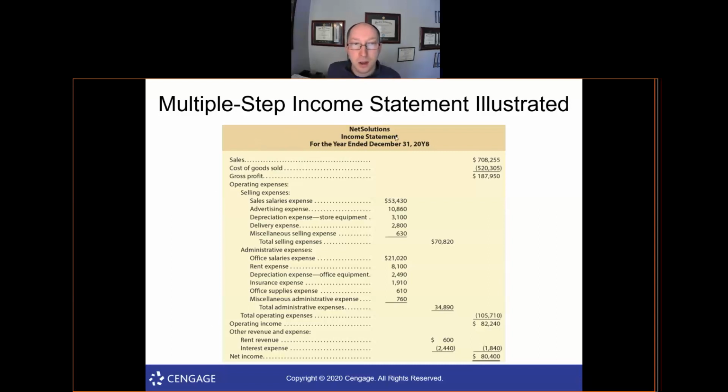So sales minus cost of goods sold equals gross profit, minus all of your operating expenses equals operating income, minus other, right, equals net profit. Or net income, apologies.